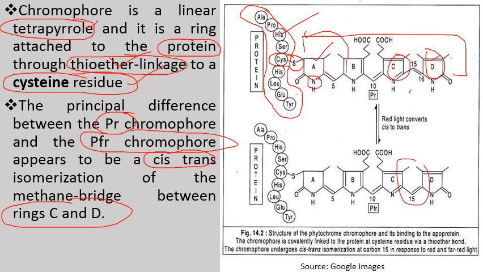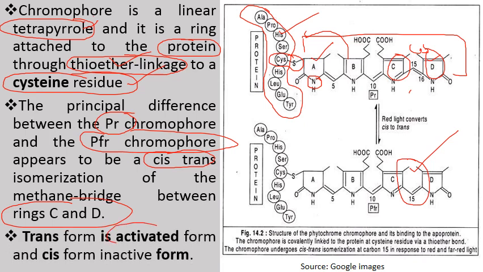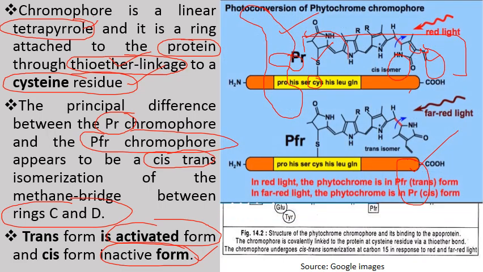So in this photograph we can see this is the cis form which is the inactive form, and this is the trans form which is the active form. So the trans form is the activated form while the cis form is the inactivated form. So this is the difference in the chromophore of the Pr form and Pfr form. This is again a photograph which shows the same.